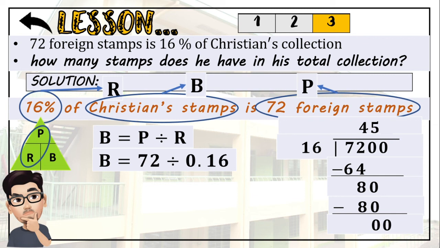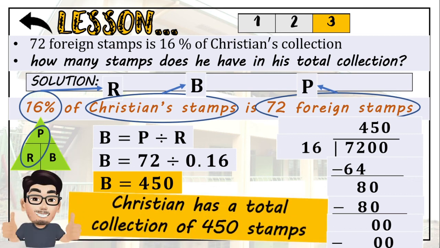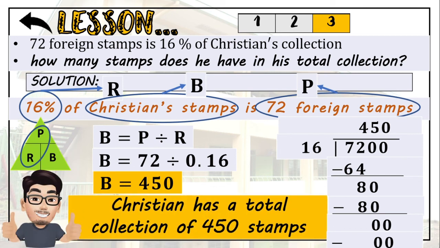Then we divide it, same process. 0 divided by 16, that will be 0. 0 times 16, that will be 0. And 0 minus 0 is 0. So, ibig sabihin, we have 450 dun sa stamps. Ibig sabihin, Cesar has a total collection of 450 stamps.